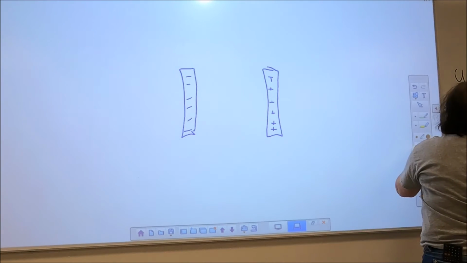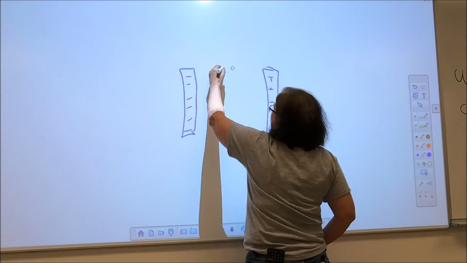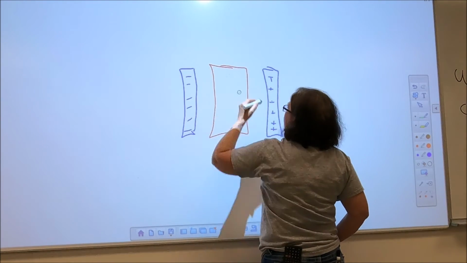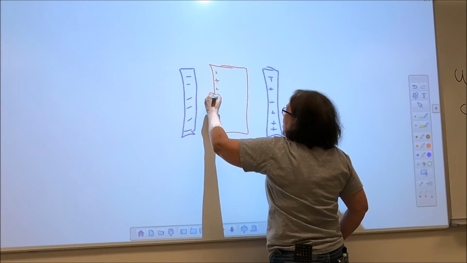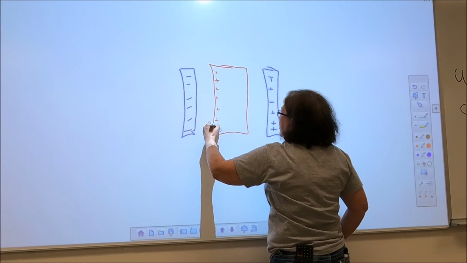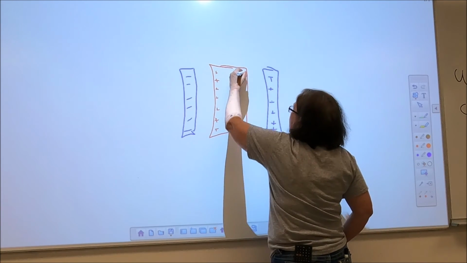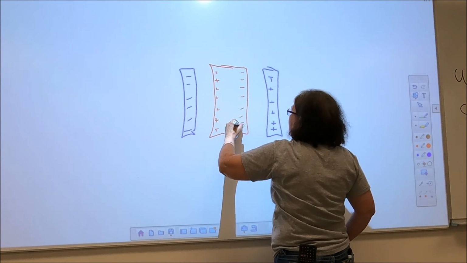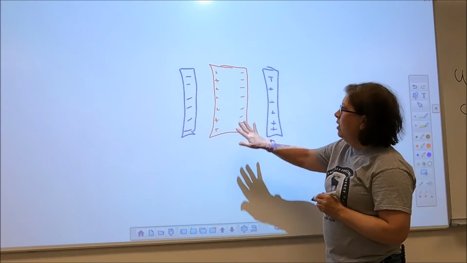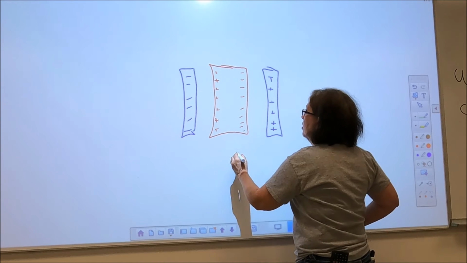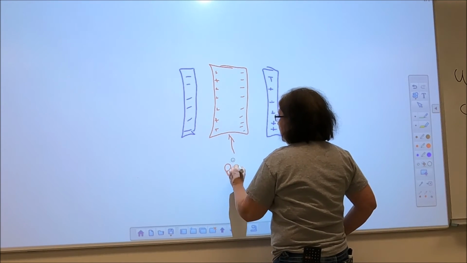Okay? If I come in here and I put in a dielectric, what happens is this side becomes positively charged and this side becomes negatively charged. Okay? So that's what the dielectric is going to do. It's going to polarize.